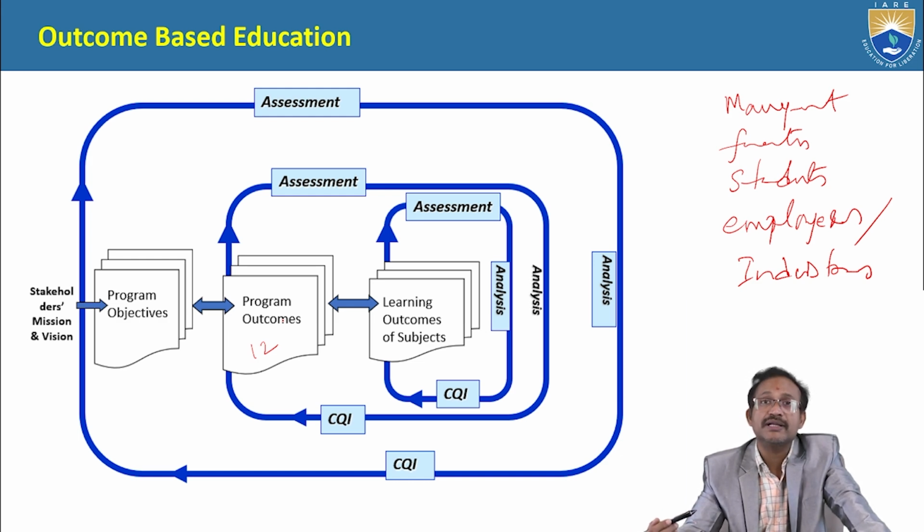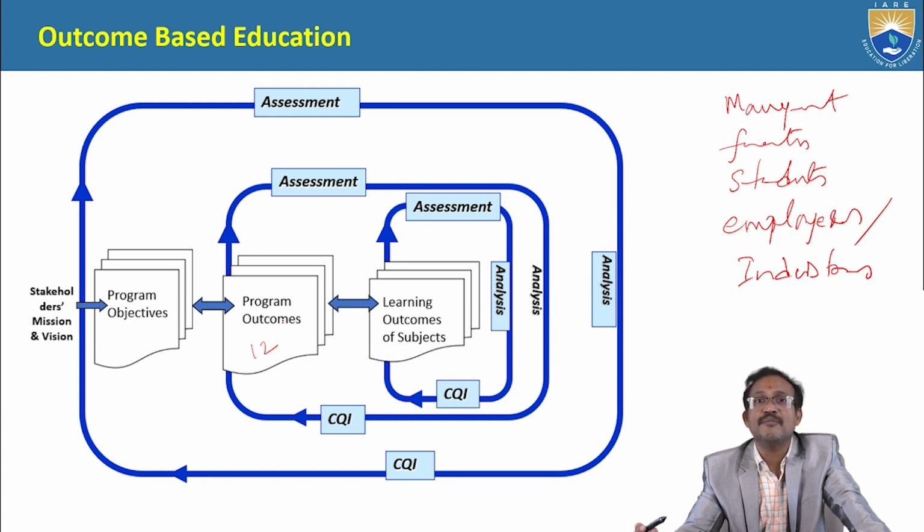So we have to understand that each department is not a program. Each department may have one or more programs. In the Department of Mechanical Engineering, one BTech program, one MTech program.